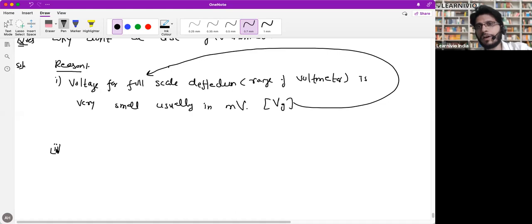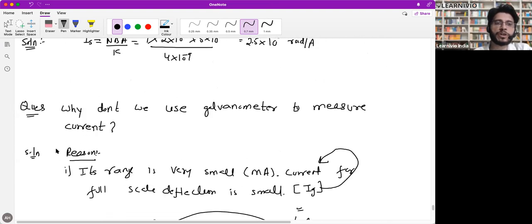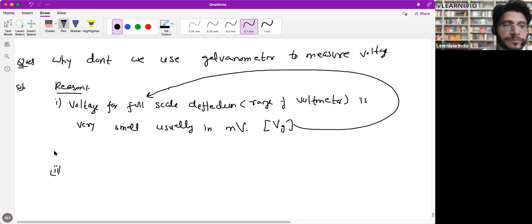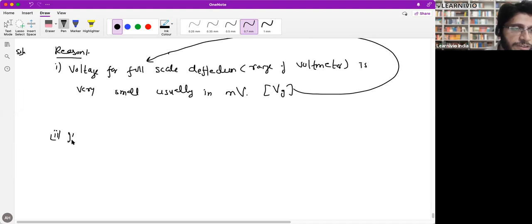The ideal device to measure voltage has infinite resistance. So for measurement of voltage, its resistance is low. For measurement of current, its resistance is large. For current measurement, the ideal device has zero resistance. For voltage measurement, the ideal device has infinite resistance. So you can say its resistance is comparatively small.